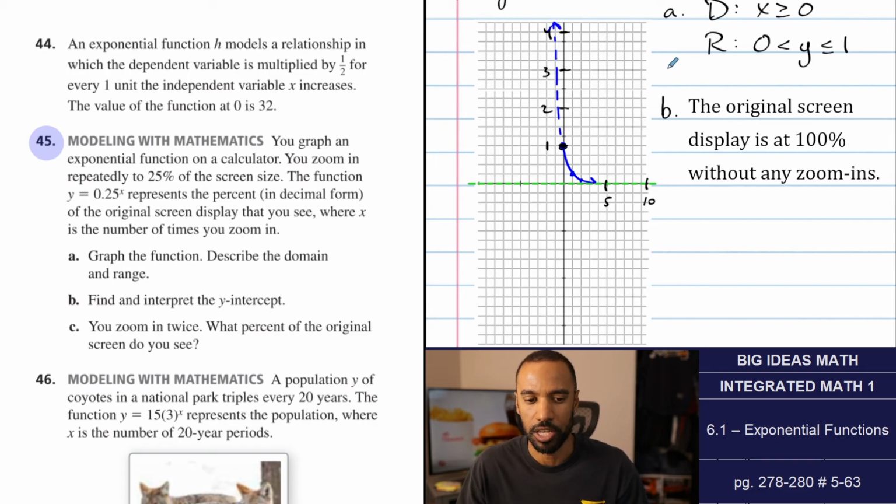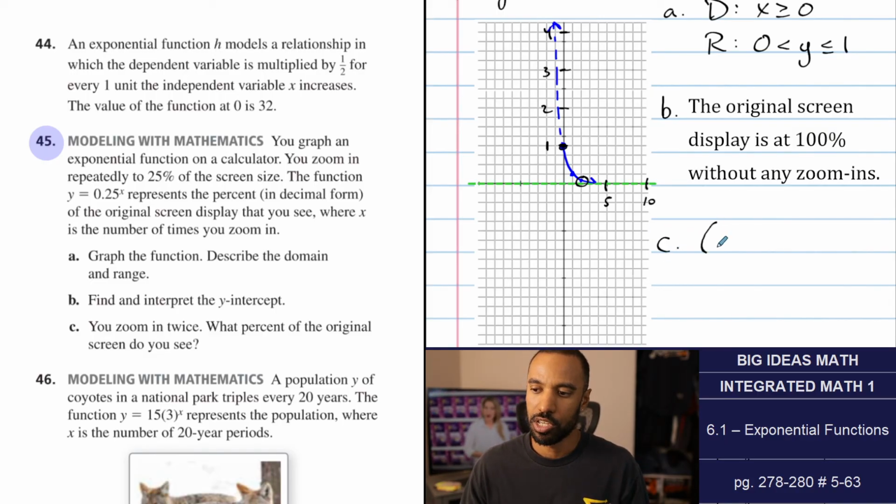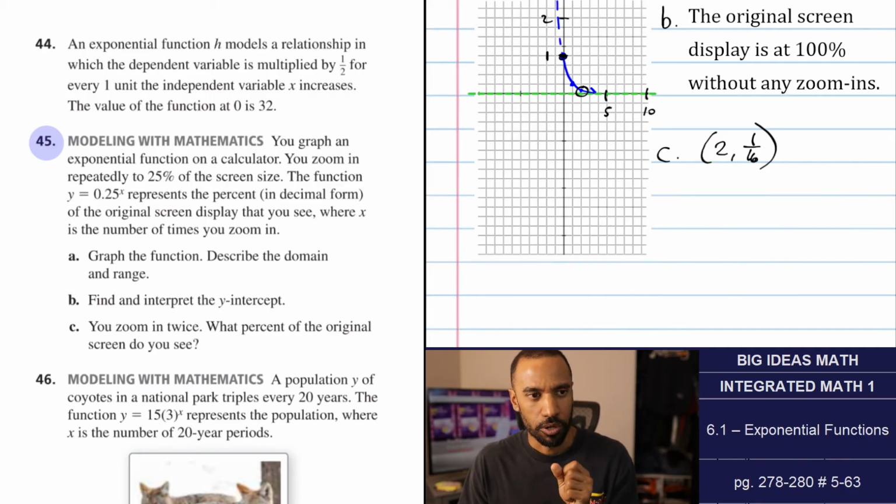It says you zoom in twice. What percent of the original screen do you use? So zooming in twice is this value right here. So part C is when x equals 2. When x equals 2, y equals 1/16. I know that because I'm taking a quarter of a quarter. Now 1 divided by 16, I'm using my calculator here. I think it's 0.0625.